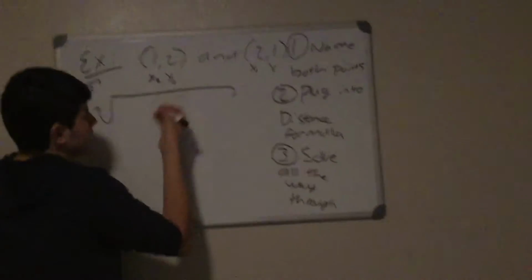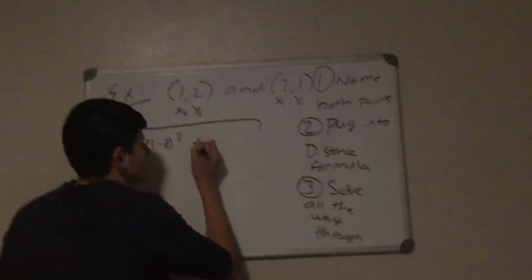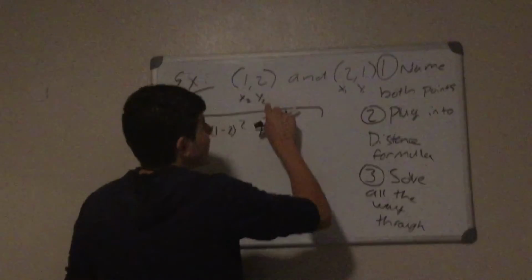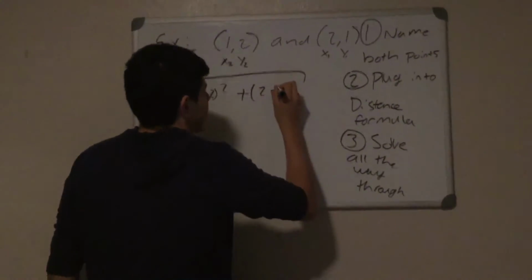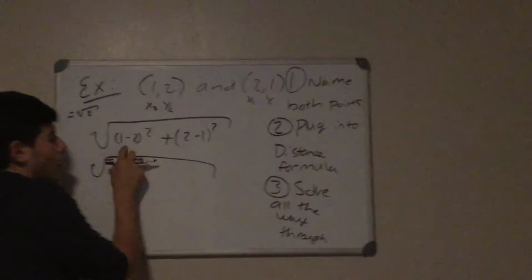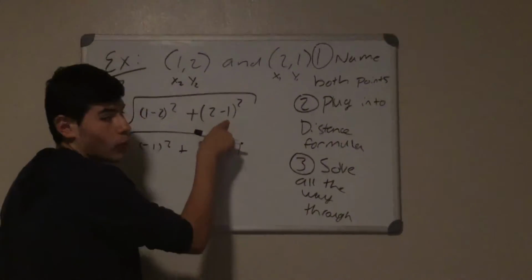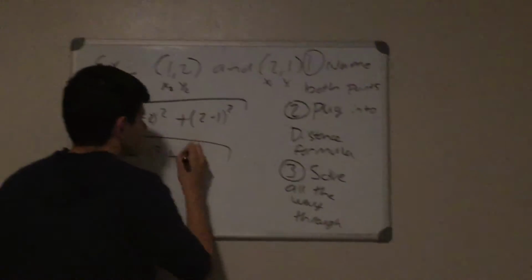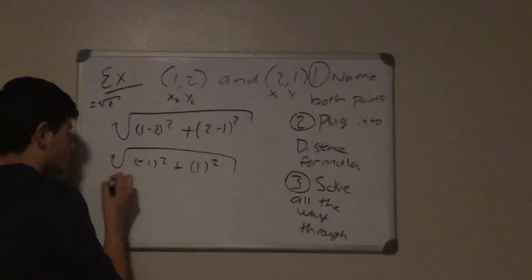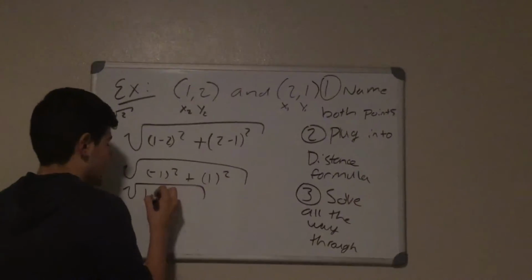x2 minus x1, so we have 1 minus 2 squared plus y2 minus y1, 2 minus 1 squared. Square root. 1 minus 2 is negative 1 squared, plus 2 minus 1 is a positive 1 squared. Negative 1 squared is 1, positive 1 squared is 1.